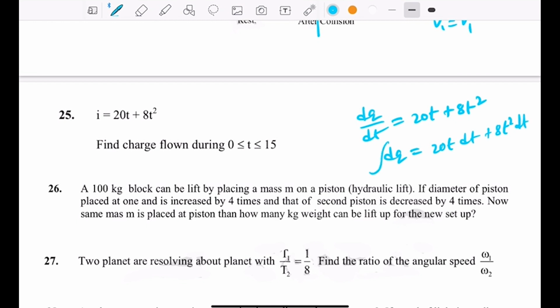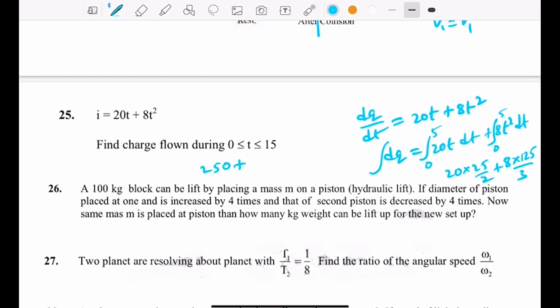If I integrate it from 0 to 5, it will be 20 into t square by 2, t square is 25, by 2, plus here 8 into t cube, 125, by 3. So this will be the answer. This will be 250 plus 125 by 3.